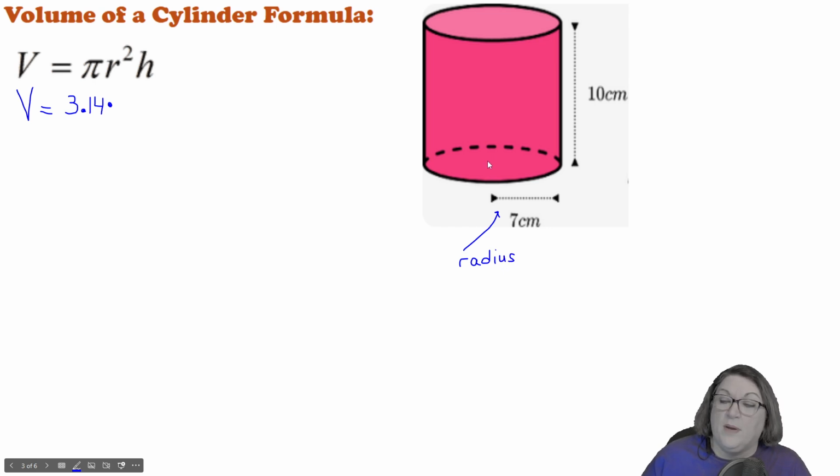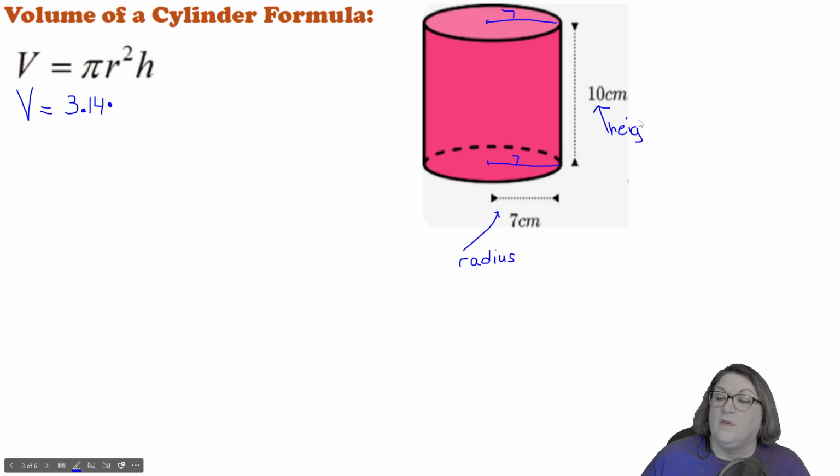Like sometimes it'll be right here and it'll have a 7 like there. Sometimes they'll put it on the top, but it'll be the same distance, regardless where they put the measurement, as long as you know what you're looking at. And then of course the distance between the 2 circles is the height. So 10 is going to be our height. I'm just going to write that down.